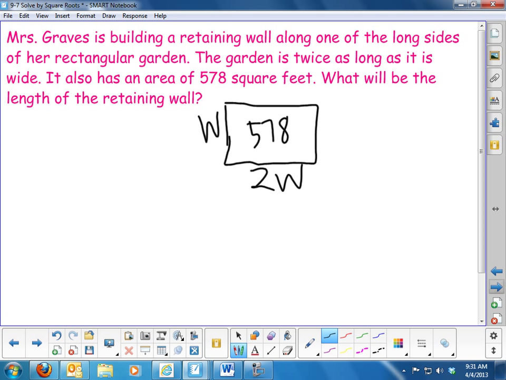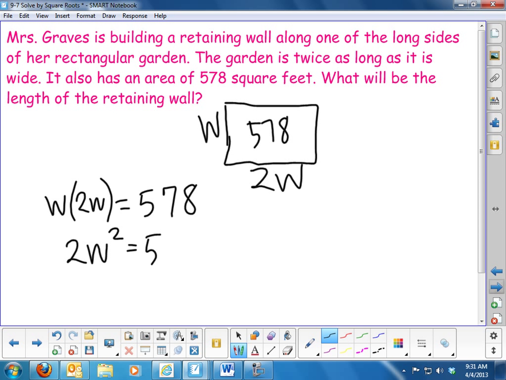So I know the area is 578, and I know the area is made up from length times width. So that's W times 2W. W times 2W is 2W squared. So I take 2W squared equals 578. I'm going to divide each side by 2.